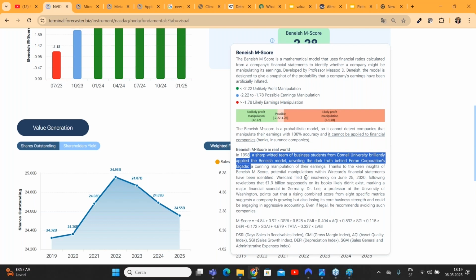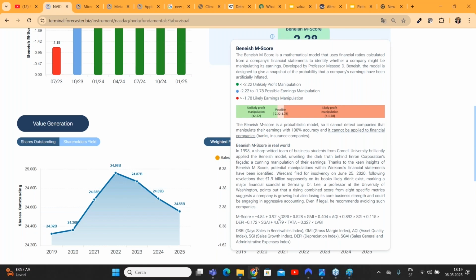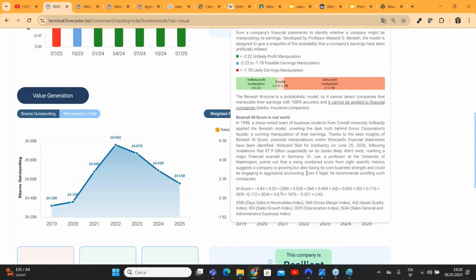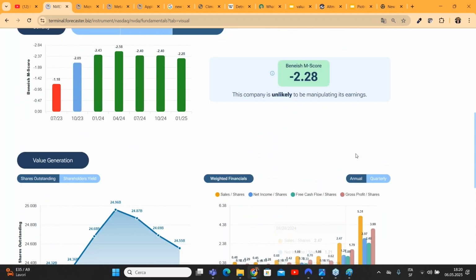And this is something really interesting, because this is the formula. It's a little bit complicated, but of course you have the formula. It tells us if something bad has been done with the numbers inside the income statement and balance sheet.